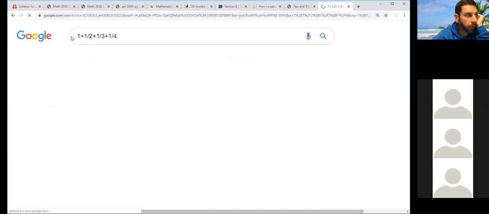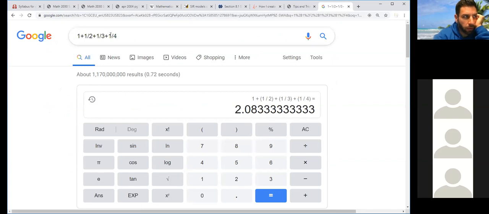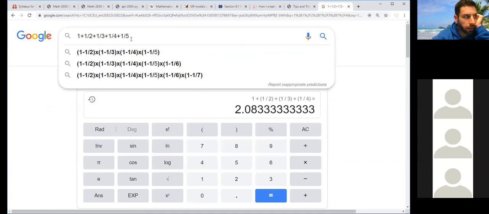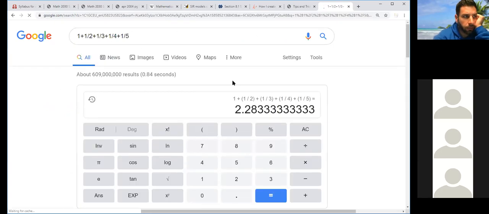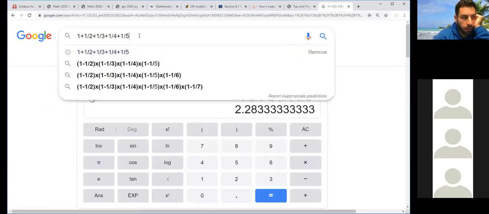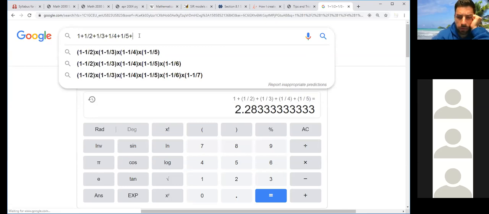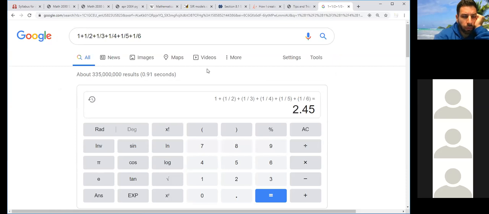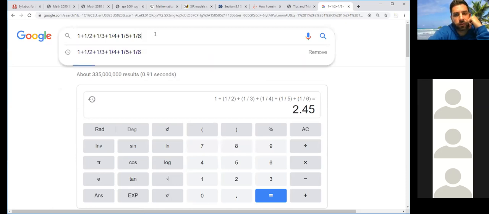Say I add the first 4 of them up, I get 2.08. But if I add the next one, I get 2.28. And then if I add the next one, I get 2.45. So that doesn't necessarily mean bad news, but if you kept doing this for large numbers, you're going to see there's no pattern.